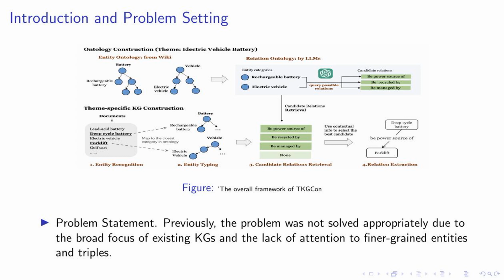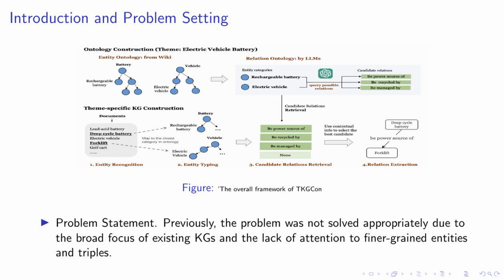It's a two-part process. First, we construct a theme ontology, which includes entities and relations relevant to the theme. We gather a hierarchy of entity categories from Wikipedia and generate potential relations between each pair of entity categories. The second part is the construction of the theme KG. We mine possible entity mentions from theme-specific documents and map them to the closest category on the entity ontology.